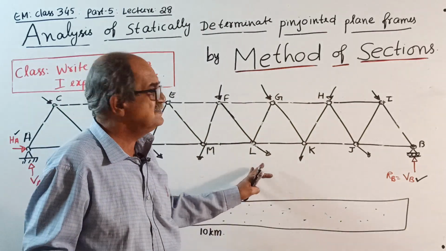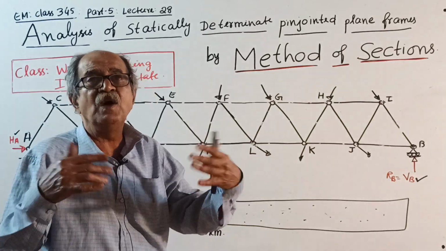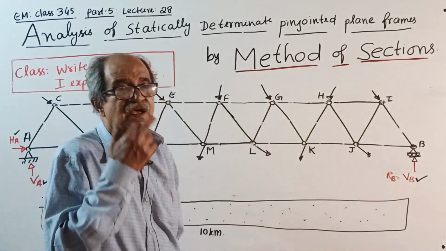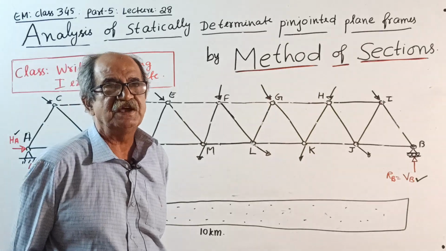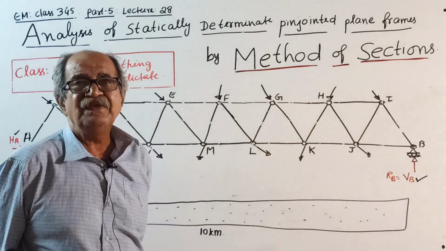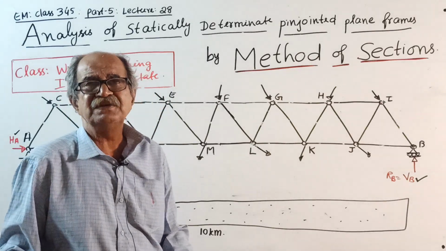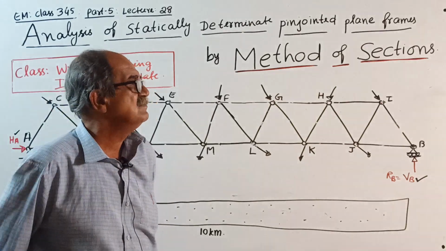Or for some reason, see, that all comes in structural design or advanced part. You make a note. Suppose axial forces in all members are not required. Only some selected members are required.